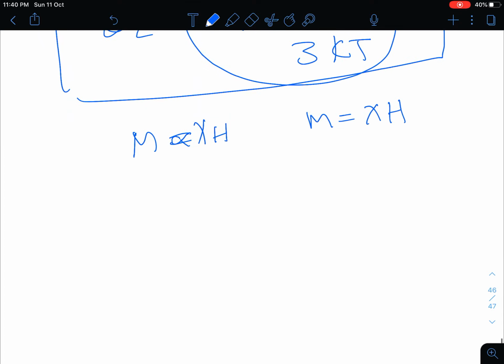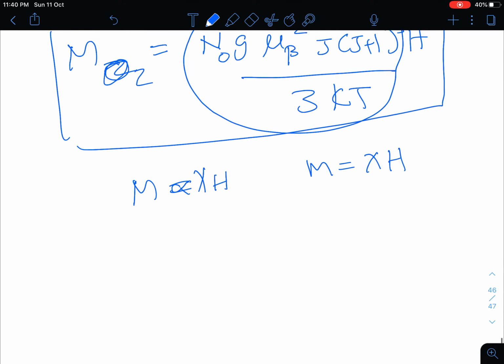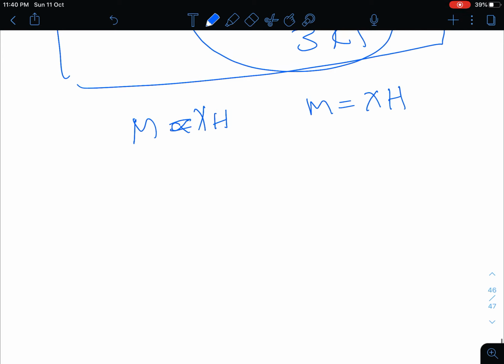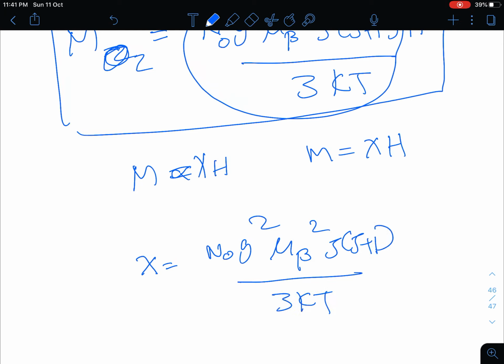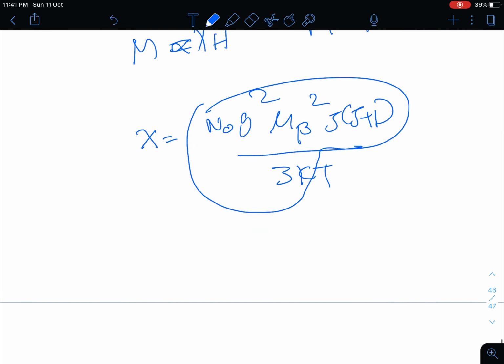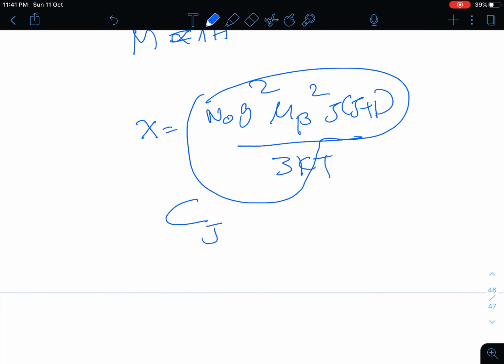Okay, so what is chi you will be getting, it is something chi is equal to n0 g square mu beta square j into j plus 1 by 3 kt. Okay, and all these things consider we call Cj. Okay, Cj, that is the Curie constant in quantum, Curie's constant.